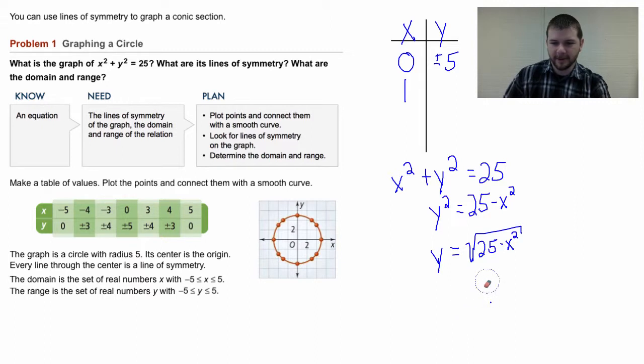Let's consider what other values of x we might use that work out nicely given this equation. Well, 25 minus, we're thinking of perfect squares. 25 is a perfect square. The next lower perfect square is 16. So if we could make 25 minus x squared equal 16, we'd be in business.